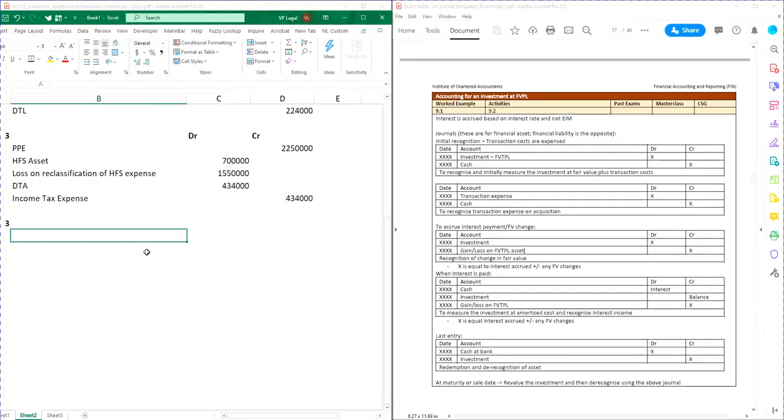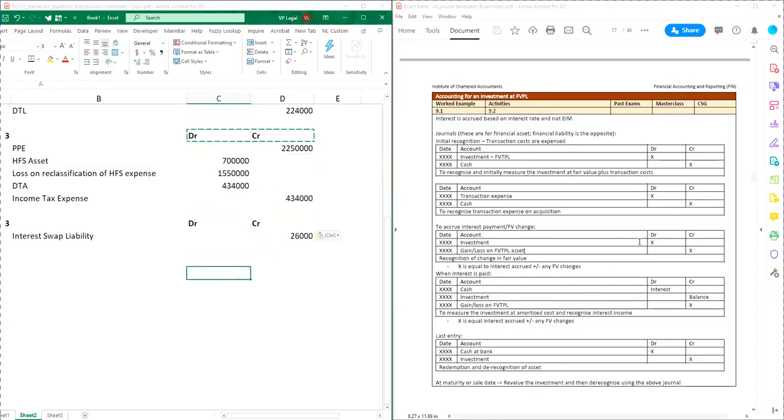So instead of investment we're going to call it the interest swap liability, because it's not an asset, it's a liability. We're going to go 26,000 because it's in the credit column.